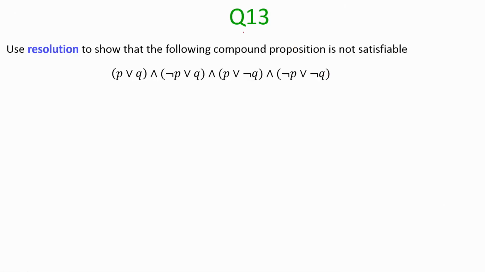So, now let us next go to question number 13, and in question number 13 we have to use resolution to show that the following compound proposition is not satisfiable. Okay.